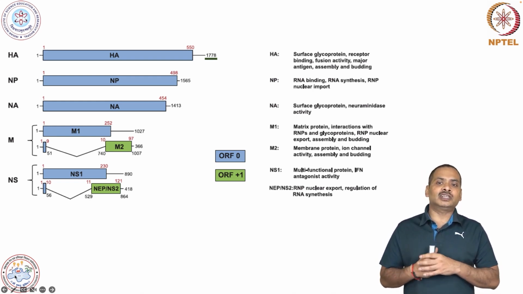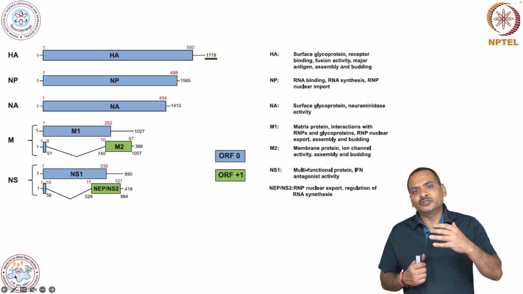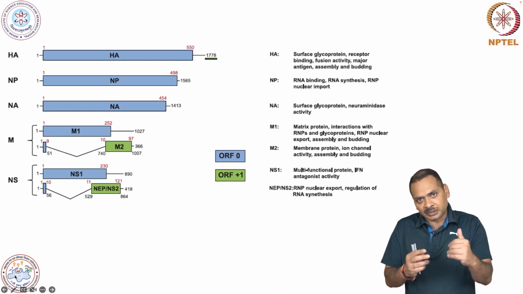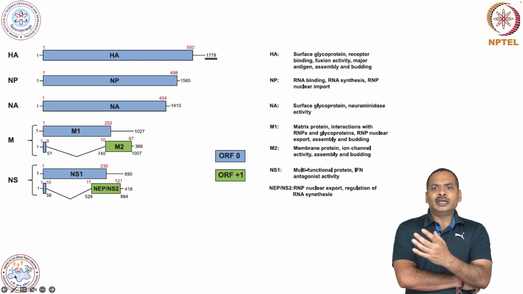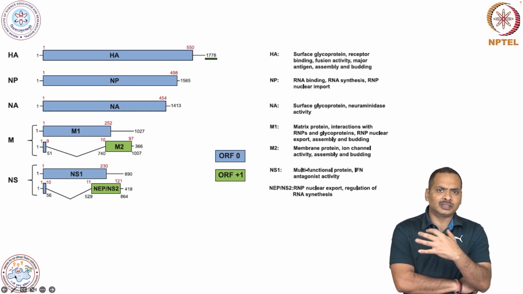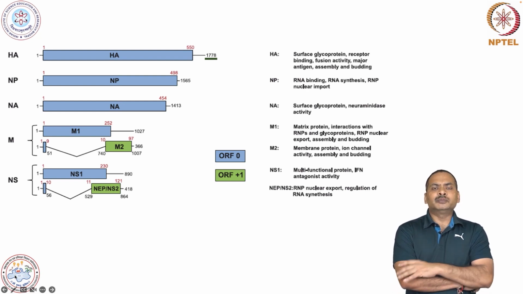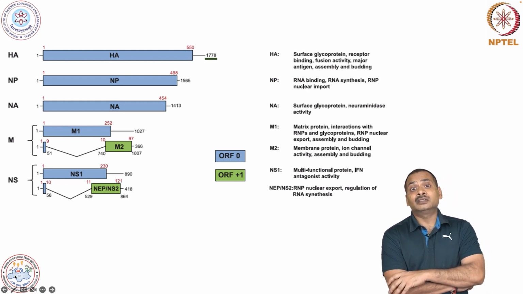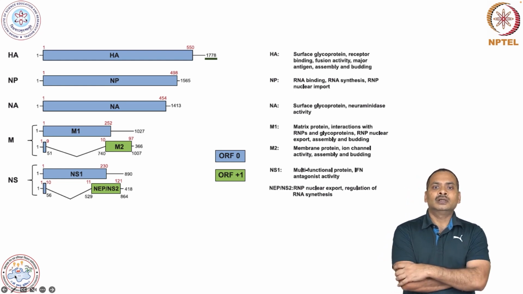This is a surface glycoprotein with receptor binding and fusion activity, so it fuses the membrane. It is one of the major antigenic determinants, and it plays an important role in assembly and budding off after infection.